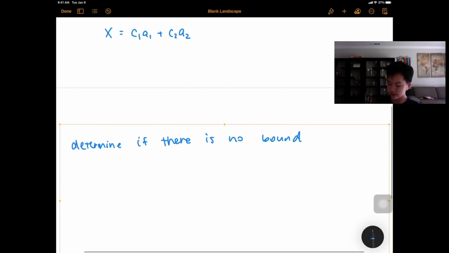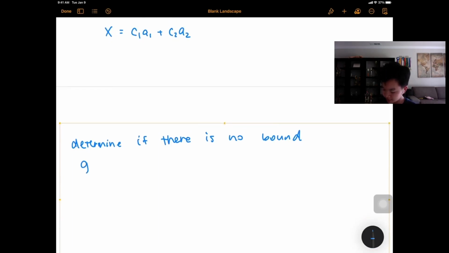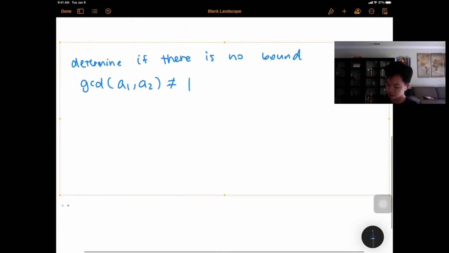The case that this happens is if the greatest common divisor of a1 and a2 is not equal to 1. When it's not equal to 1, for example, you can have something like 4 and 6.